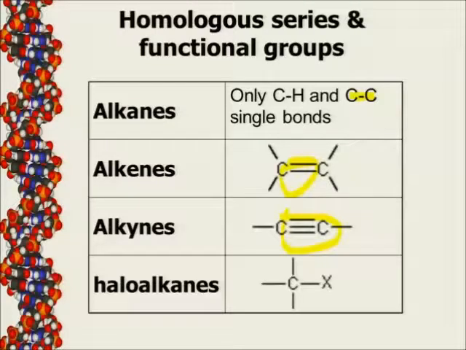And the haloalkane will be the carbon with the X, where this X stands for any of the halogens. Here we are talking about fluorine, chlorine, bromine, iodine. So those are your halogens that when we combine with the alkanes, we refer to them as haloalkane.